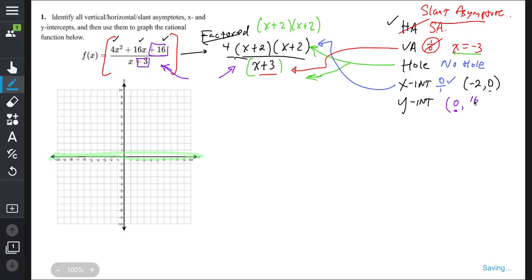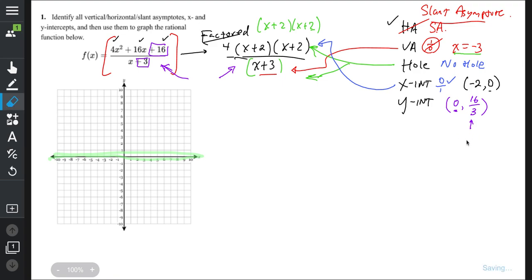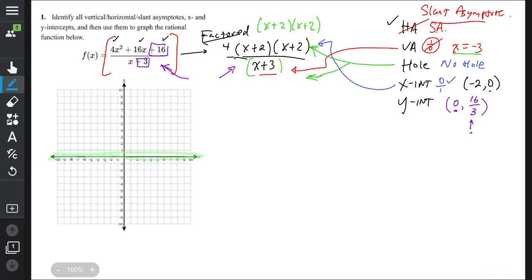And so that is going to be our y-intercept. It's actually good to turn this into a mixed number, so it's a little bit easier to see where you're going to plot it. I think it's 5 1/3, because 3 goes into 16 5 times, with the remainder of 1, 1 over 3. Okay, so that's your y-intercept.